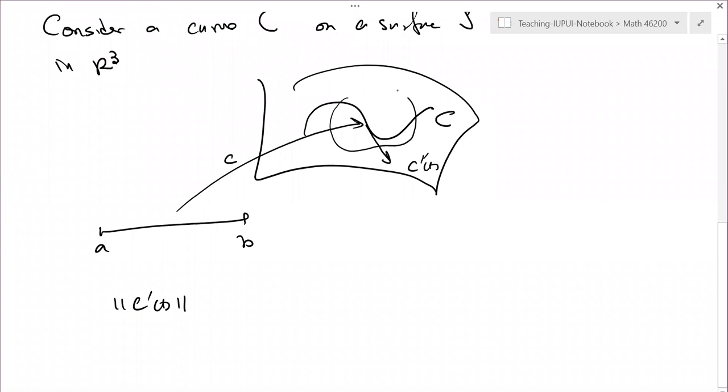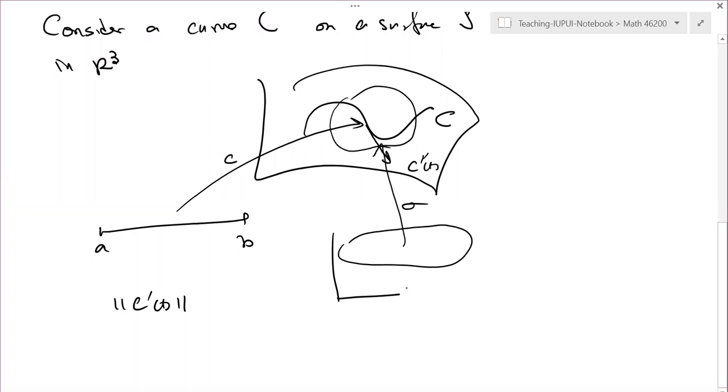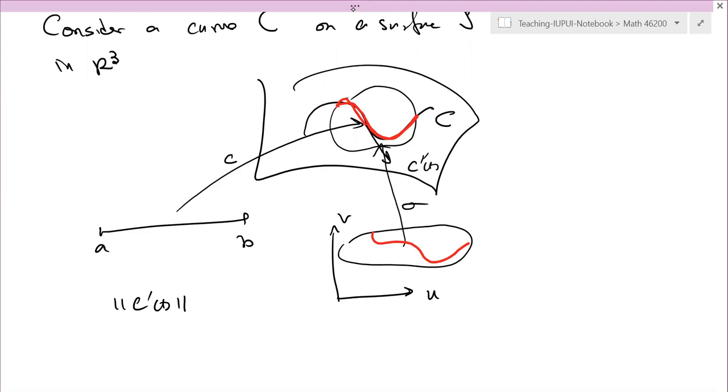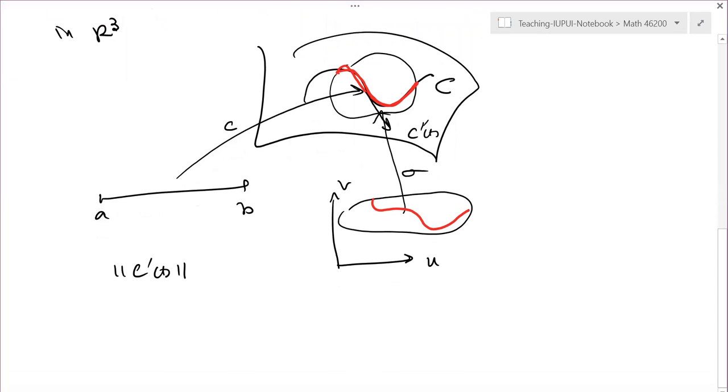Now, because this is on the surface, I can find a surface patch for that, called sigma. This is in the UV plane. So this portion of the curve is going to be here. You can always write C of t as sigma of u of t, v of t.